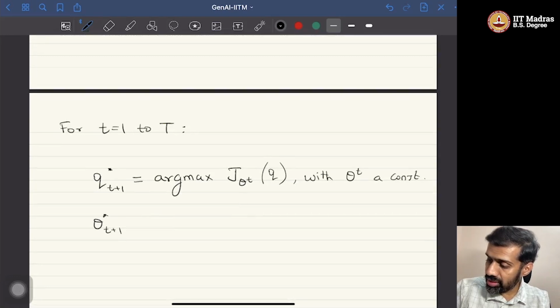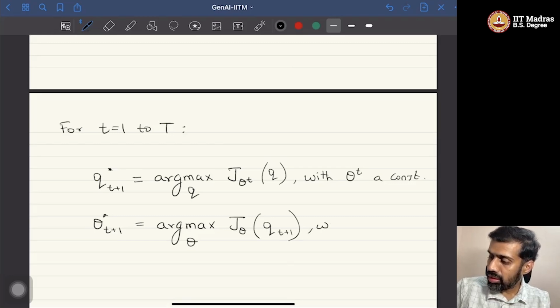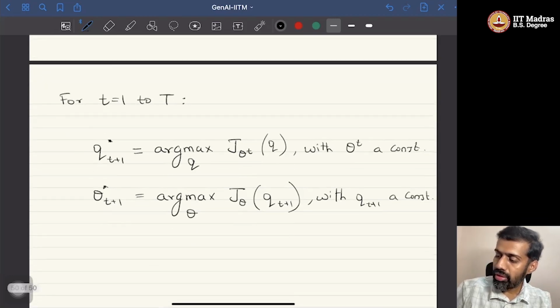So this optimization is with respect to q, and we'll find the next best theta by keeping q fixed at q t plus 1, with q t plus 1 being a constant. Okay, so that's all.